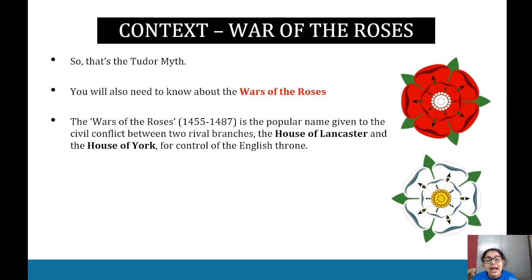That part of the Tudor myth, that appearances dictate personality, is also used by Shakespeare to portray Richard as a hunchback, as an evil Machiavellian man. But that's that.